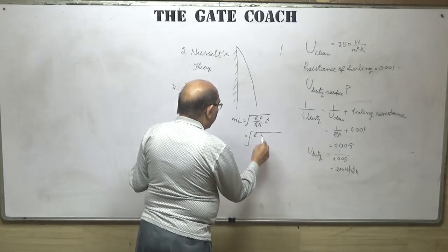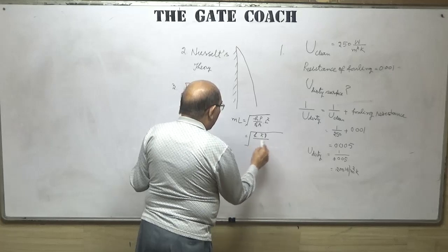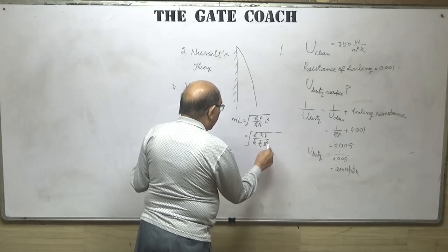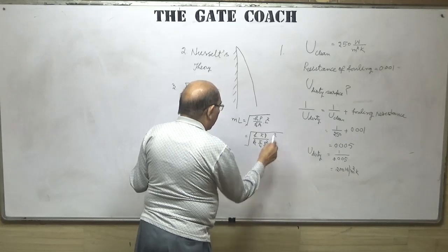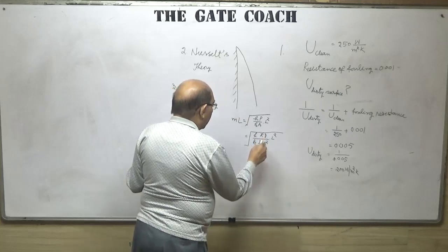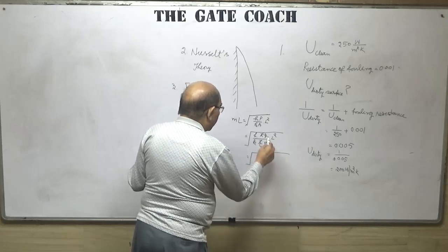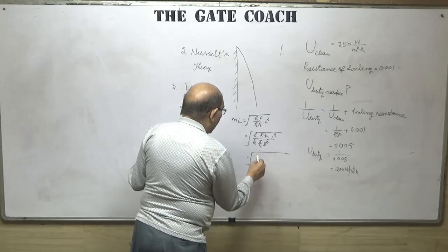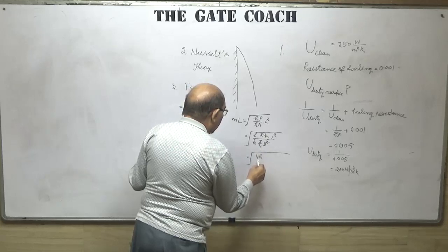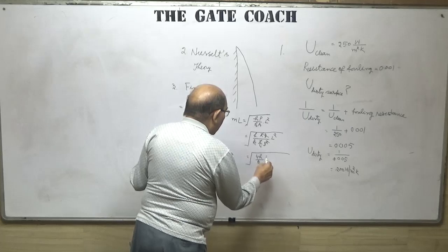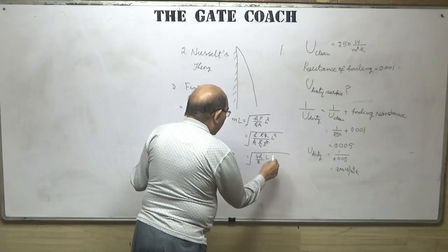h parameter is pi into d upon k, pi by 4 d square into L square. This pi gets cancelled and this d cancels, 4h upon k, one L I can put, and then I can put L upon d.